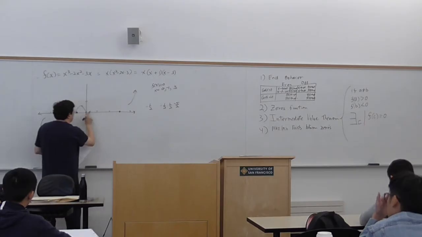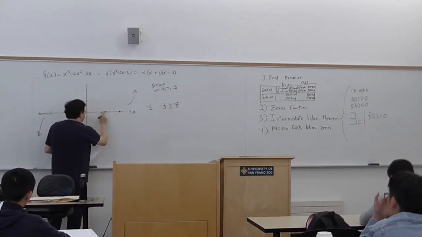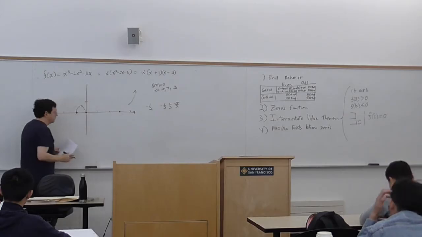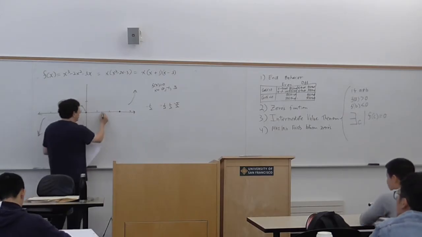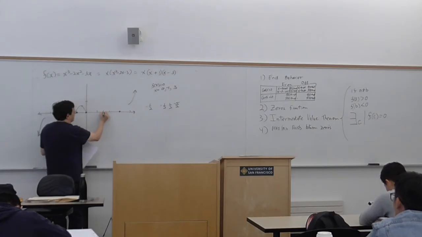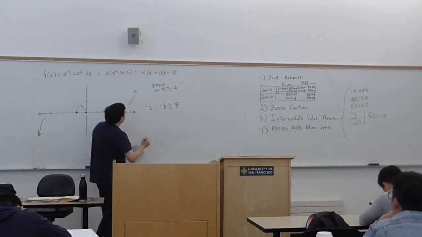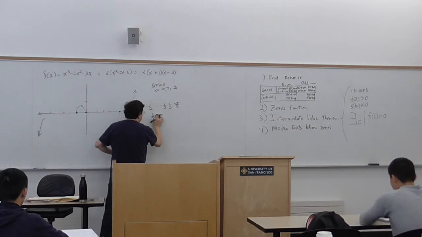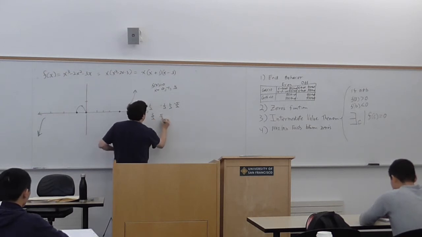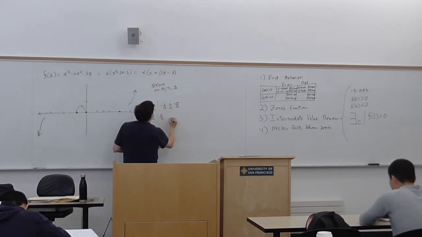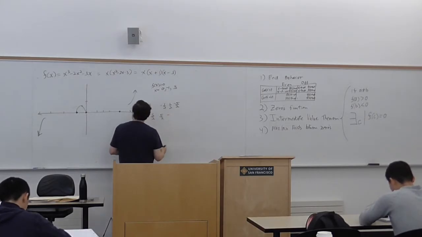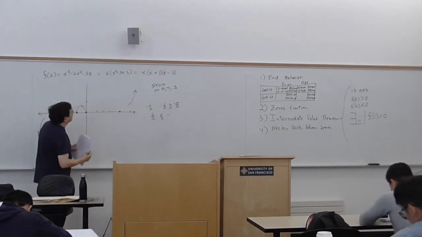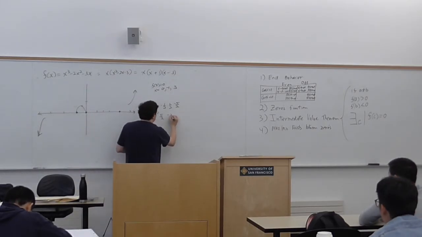Now we also know that there's going to be a minimum here between these 2 points. So again, let's just kind of guess. Let's try 1/2. So we have 3/2 times 5/2 times negative 3 minus 1/2, 3/2.